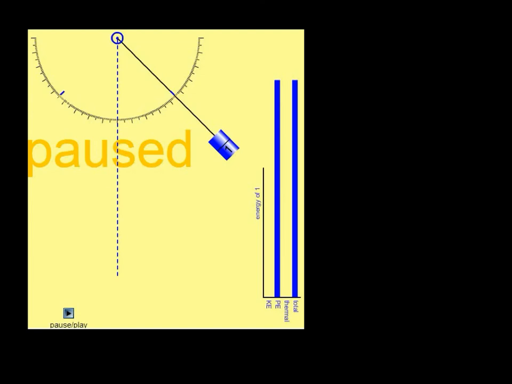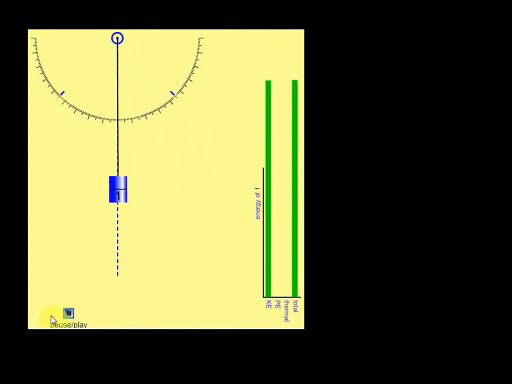We swing it up, and it lifts up some distance, and that's that potential energy. So if we were to set this in motion, as it starts to move, that potential energy is going to get converted into kinetic energy. And when it does that, you see that it switches.